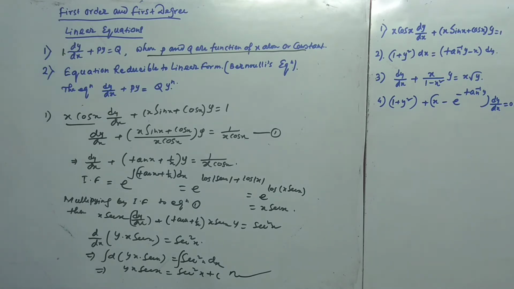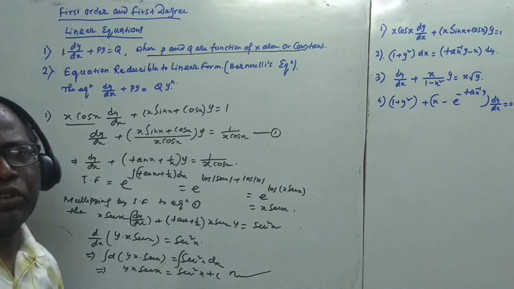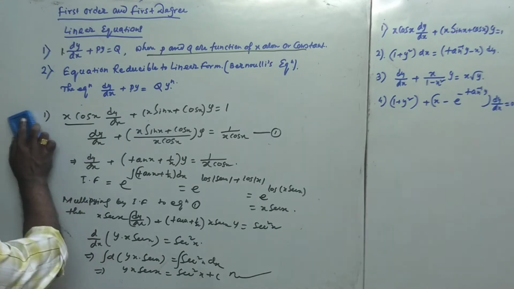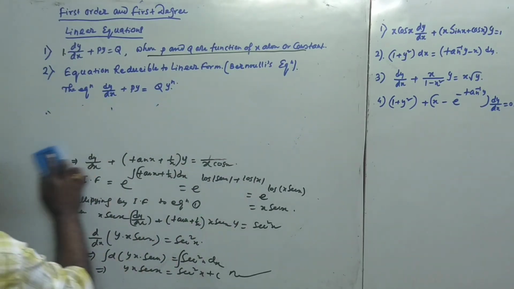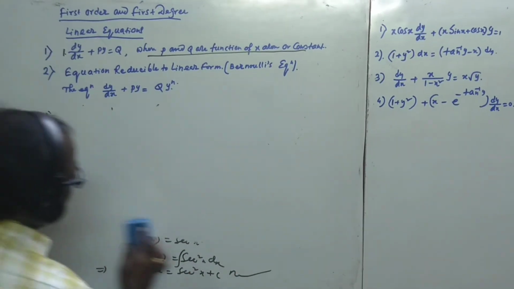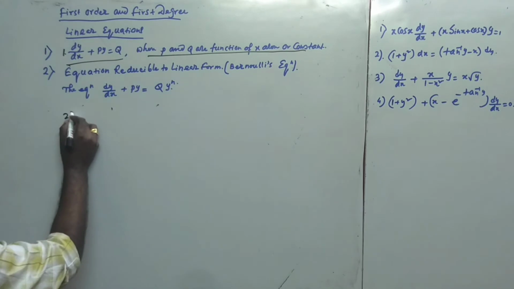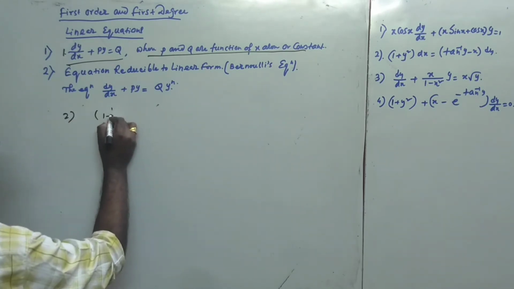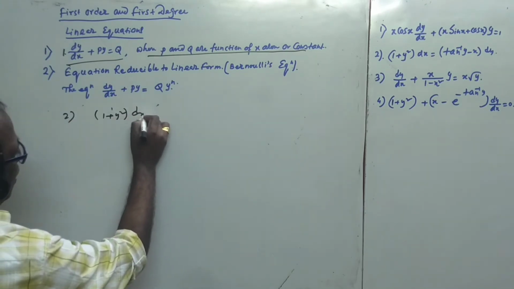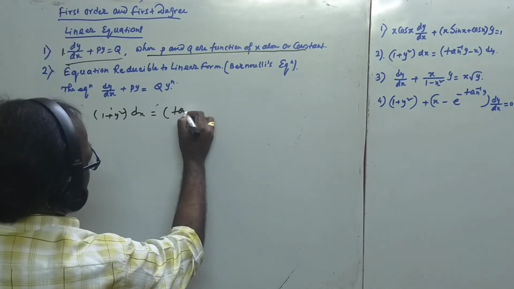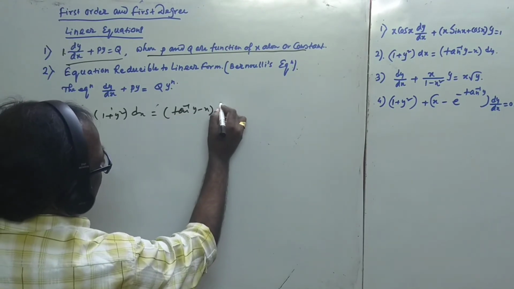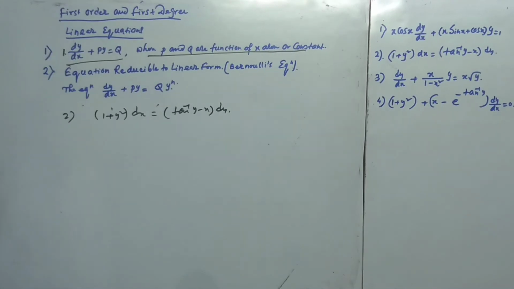Next, see question number 2. First of all, we always arrange this type of equation, then solve. But here, in question number 2, how can I arrange this? See the procedure.